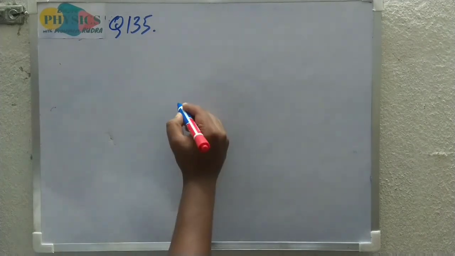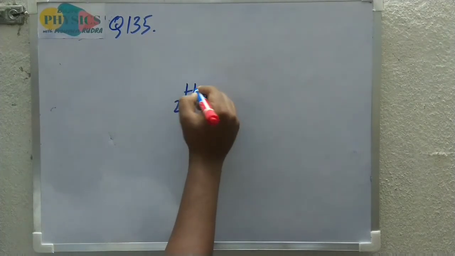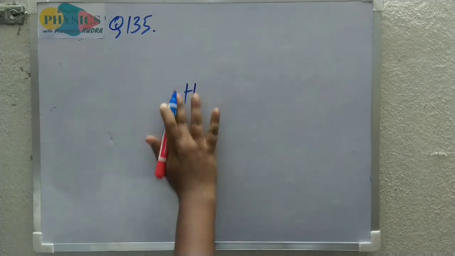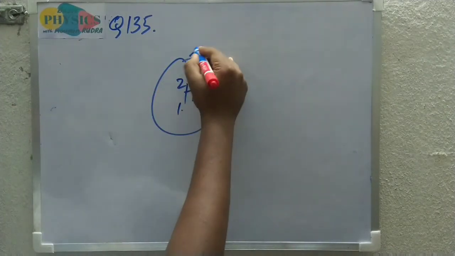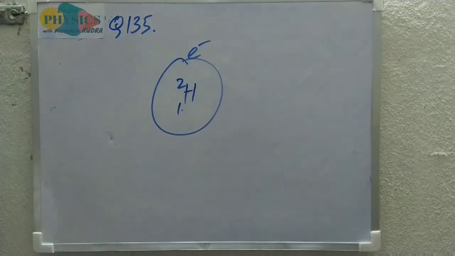Question number 135. The Bohr model is not valid for which of these? Singly ionized helium ion has 1 electron in its orbit, so it will be valid. Deuterium atom, which is basically 1H2, also has 1 electron, so option 2 is not correct.